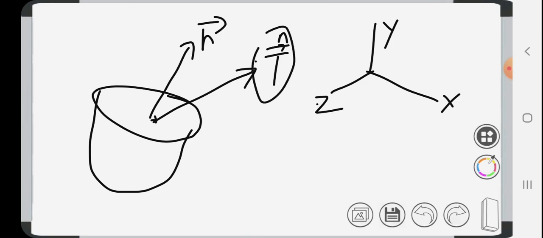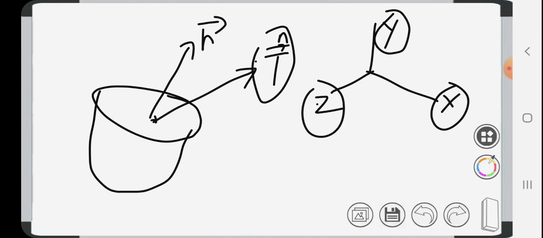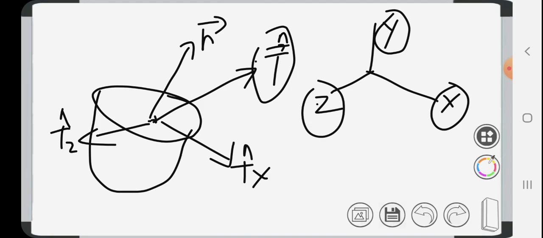So this T can be resolved along these three directions also, right? Parallel to z, some Tzn; parallel to x, some Txn; parallel to y, some Tyn. So Tn can be resolved in these three rectangular or Cartesian coordinates also.